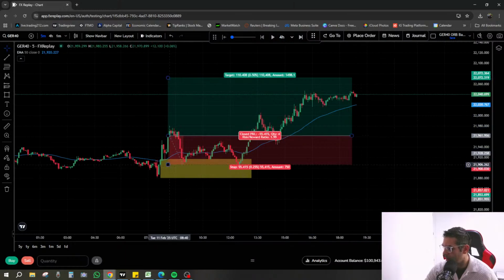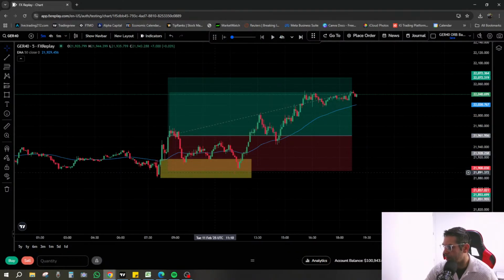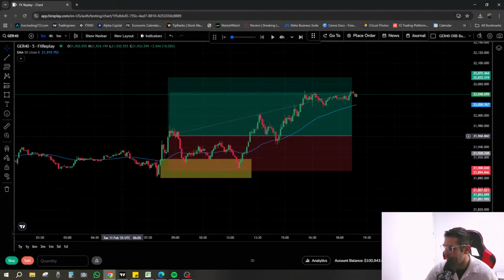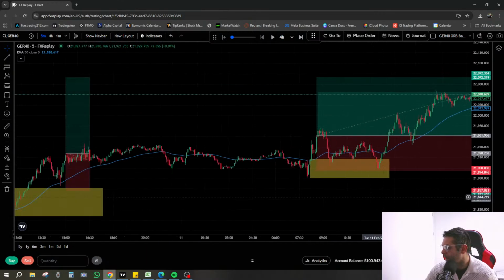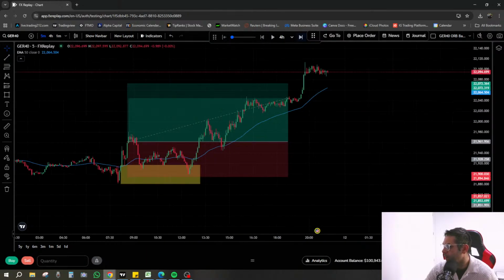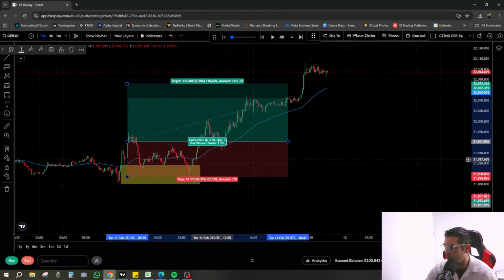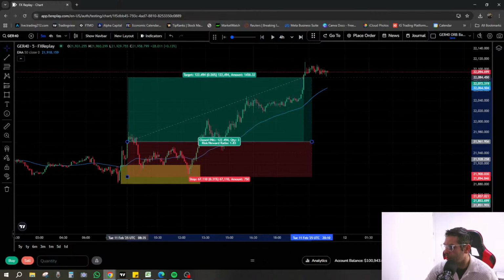So I think with this strategy you're better off placing the stop somewhere around the middle of the range. Yeah, if we would have placed the stop loss in the middle of the range and aimed for 1 to 2, this would have been a winner.